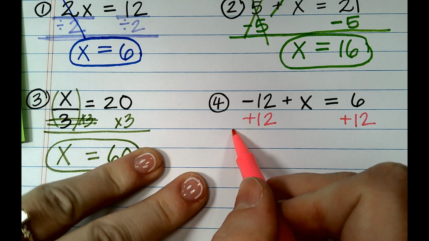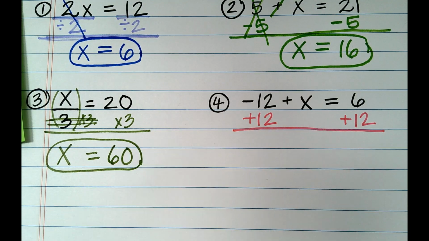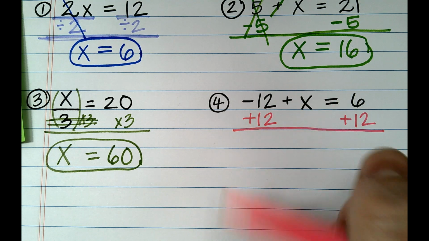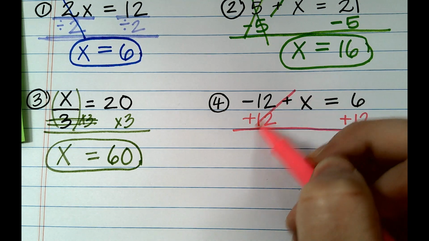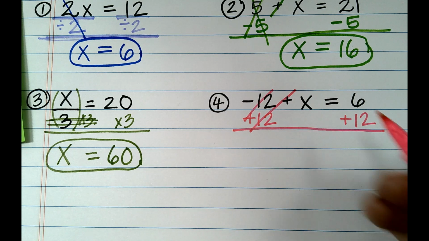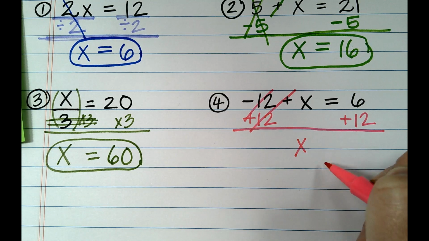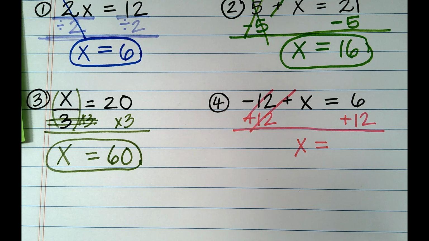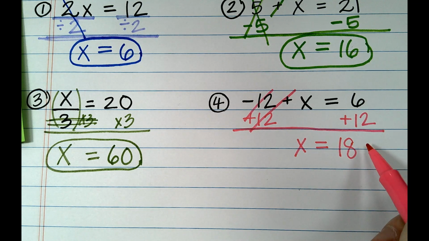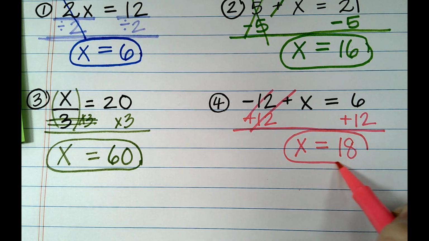And what happens over here? They cancel. Cancel the 12, get rid of the plus, bring your x down, equals 6 plus 12 is 18. Good. That would be your answer.